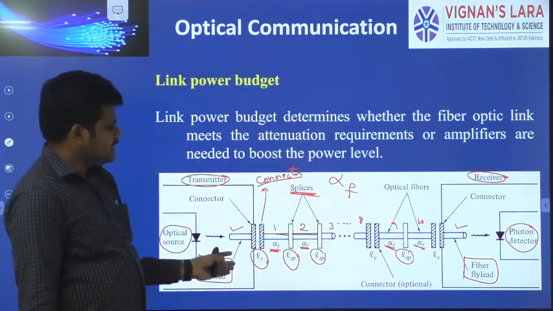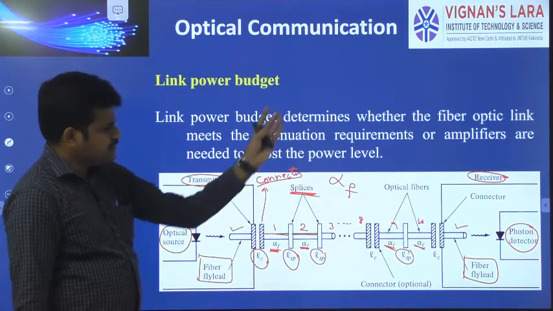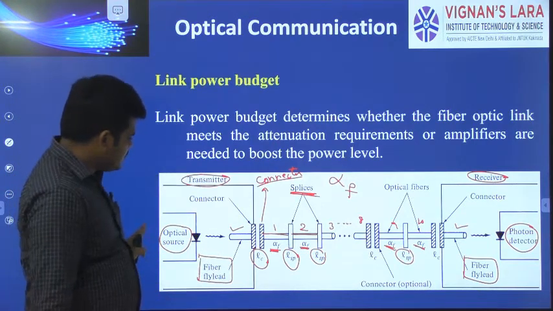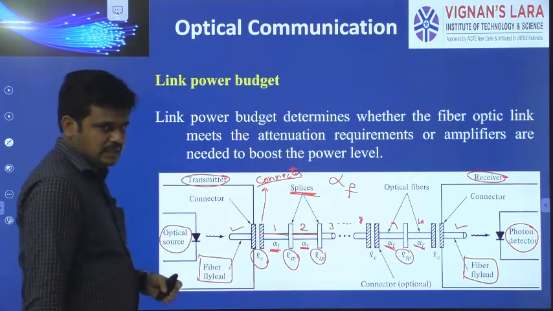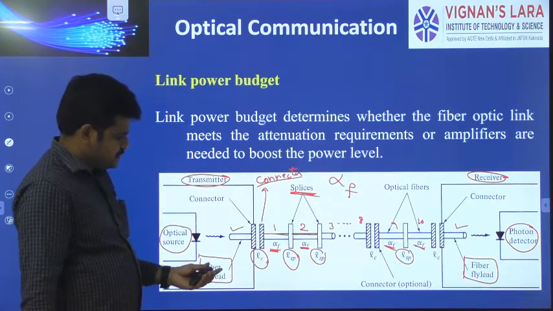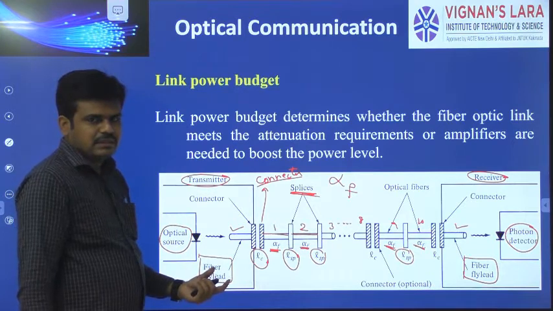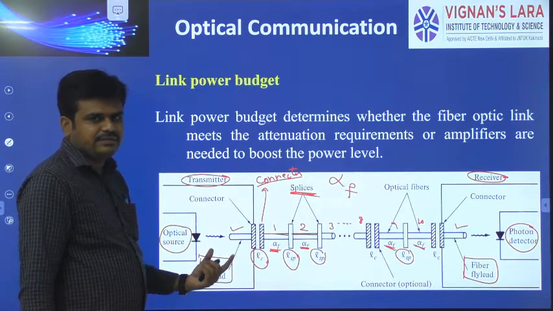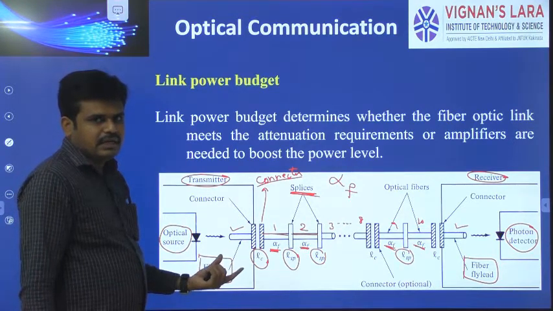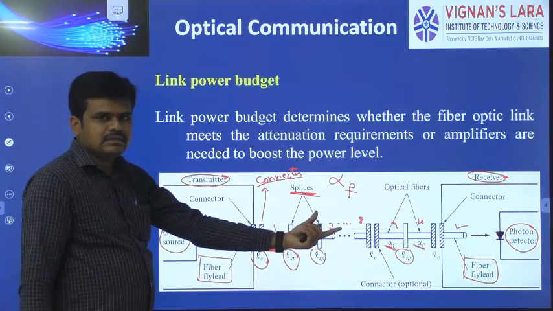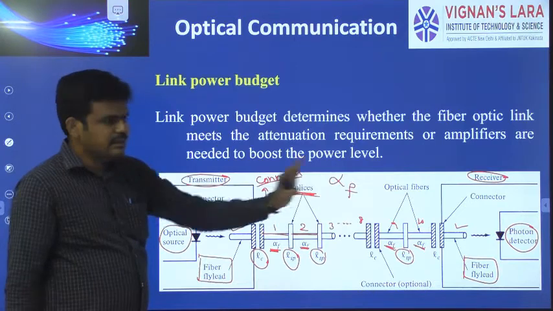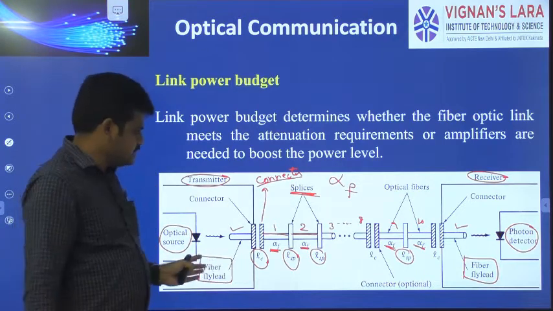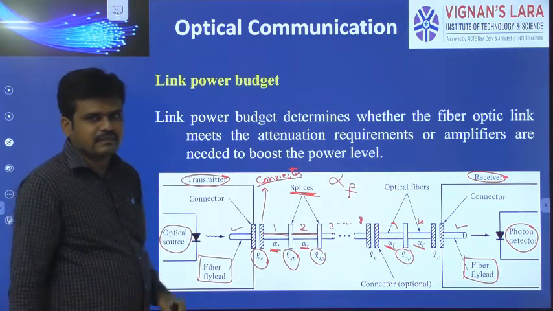Why do we have to calculate this? I have drawn the entire optical system. My aim is to find out the losses occurring at various points along the transmission distance, from the optical source to the optical detector.